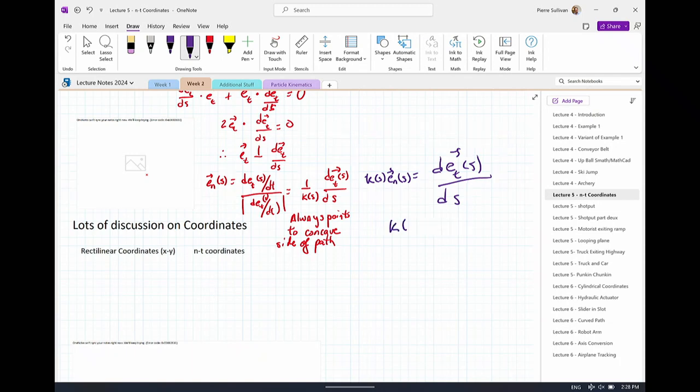And so kappa of s is equal to 1 over rho, which is the radius of curvature of the path. So I have from that an expression that's easier to look at. If I'm looking at a radius of curvature, it's easier for me to say 1 over rho, 1 over 1 meter radius, as opposed to trying to figure out what the curvature of the path at each point is.